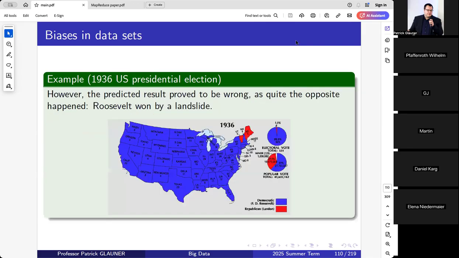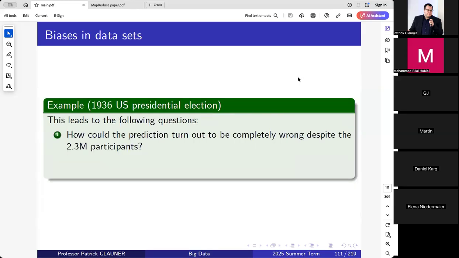So something went wrong. This was actually the outcome of the election. Roosevelt won in nearly every state. So it didn't go very well for Mr. Landon. Yet the Literary Digest was so sure that he would win. This leads to some interesting questions. How could a prediction turn out to be completely wrong, even though there were 2.3 million returns? What do you think?